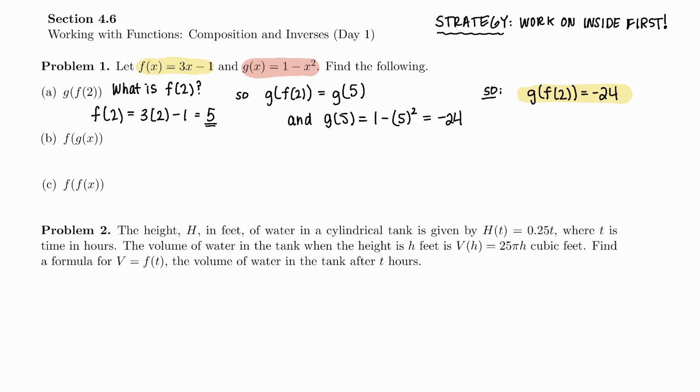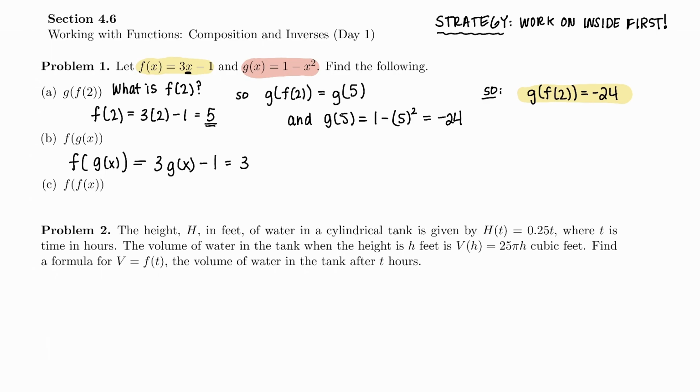f of g of x. So what I'm going to do is take f of x and plug in g of x everywhere where I see an x in f of x. Okay, so here's how I'm going to write this for now. Once you get used to doing this, you don't need to write it out like this, but I'm going to so that we can see what happens. So f of g of x is going to be 3 times g of x minus 1. So what I've done is I've just replaced the x with g of x. And I know what g of x is. It's 1 minus x squared.